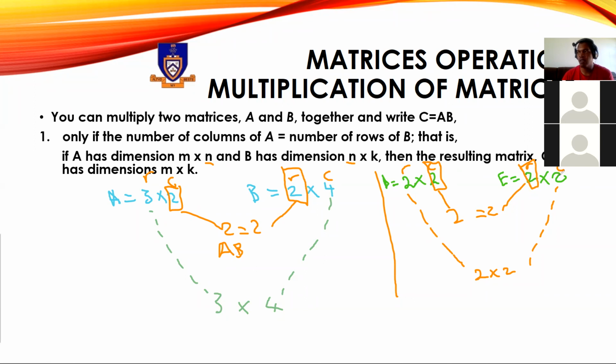If this was a 3 by 3, then we would not be able to multiply it. So if we multiply a 2 by 2 square matrix with another 2 by 2 square matrix, we will get a 2 by 2 answer. That is the only exception for multiplication that we have. If it's a 3 by 3 and a 3 by 3, we will get a 3 by 3 at the end. So I'm just following these rules that we have over here.